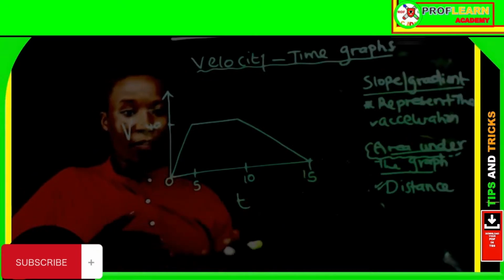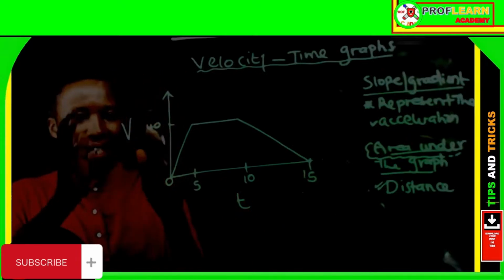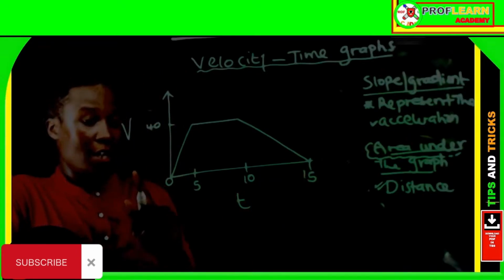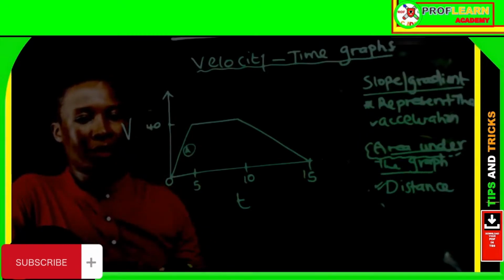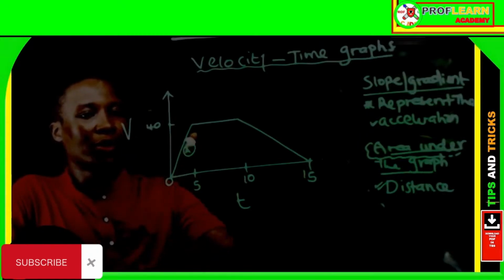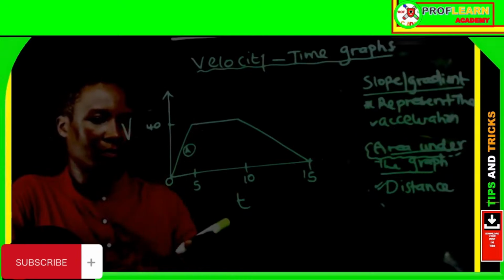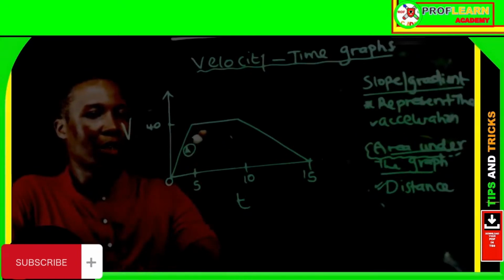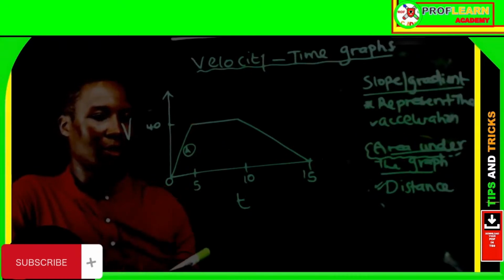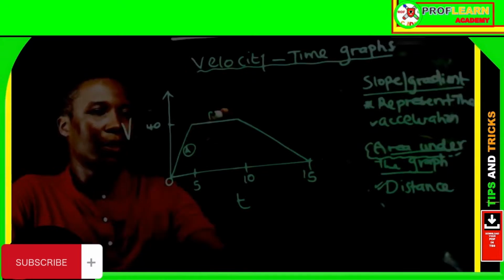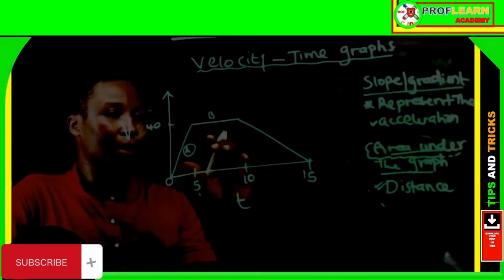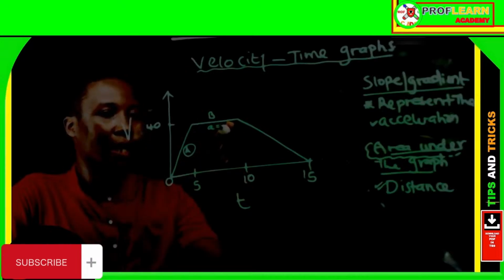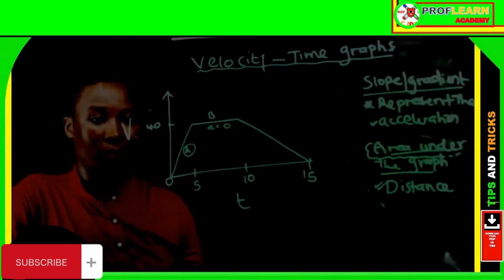Now, when you are given a graph like this and being a velocity time graph, you need to remember that in the region A, the object is moving with a constant acceleration. At this particular point B, the object is moving at a constant speed, and at this given region, acceleration equals 0.